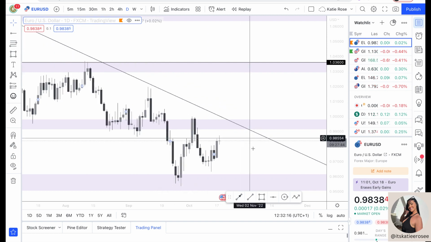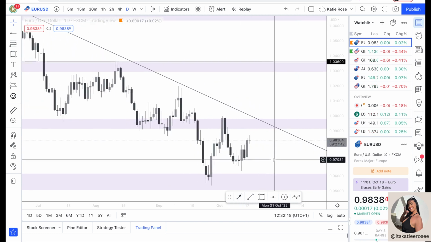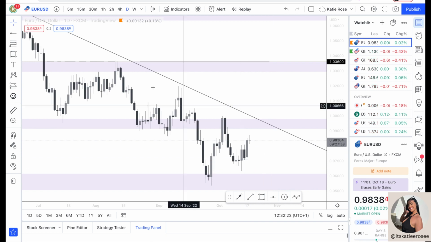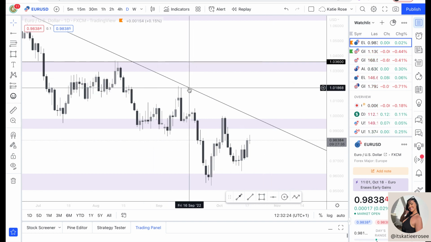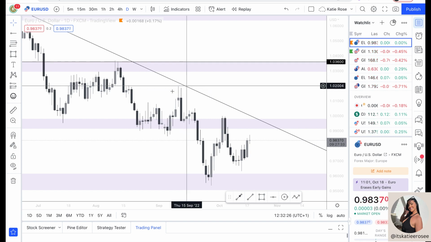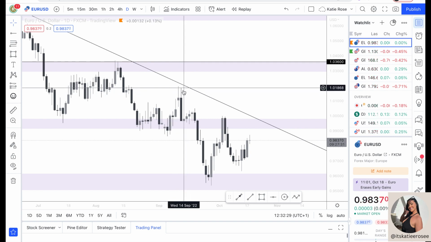So, where was we? I completely forgot where we were because I was talking too much. I think we was here. So now we've bounced off of the trend line.